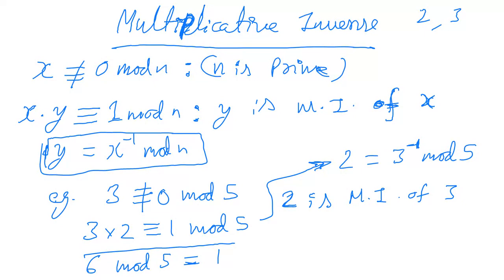2 and 3 are multiplicative inverses of each other with respect to what? 2 is a multiplicative inverse of 3 mod 5. This is a complete statement.